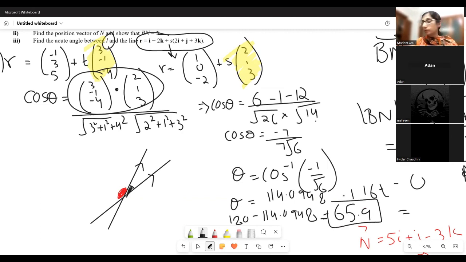Let me check the answer. The answer at the back is 68.5. Something has gone wrong slightly.